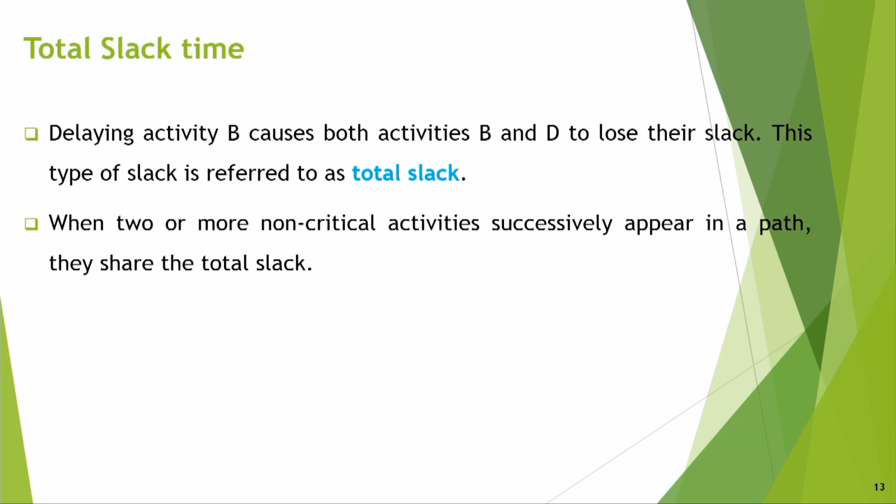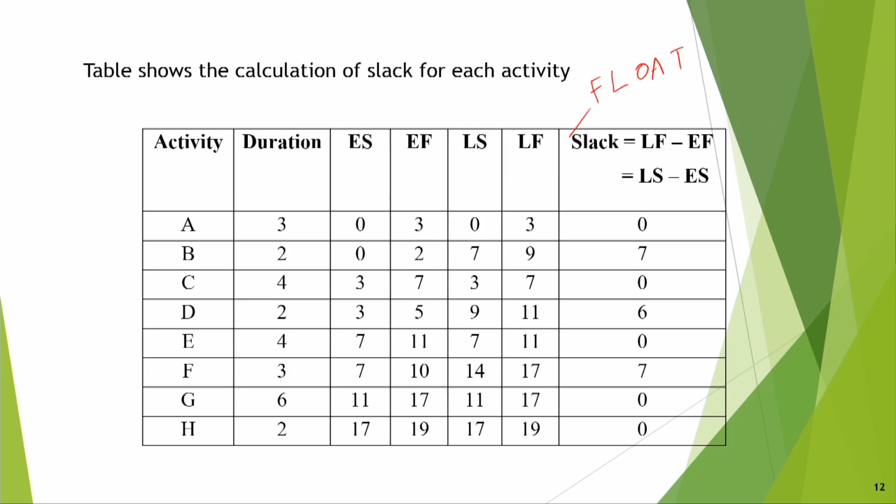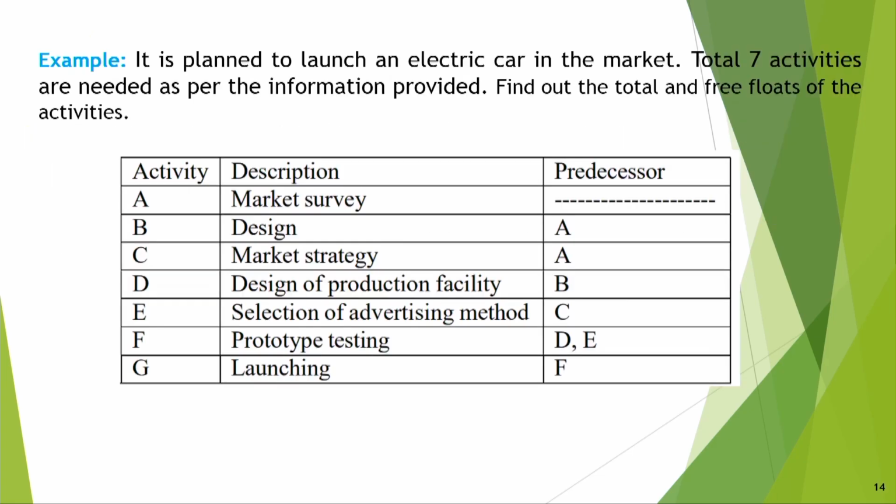Delaying activity B causes both activities B and D to lose their slack. This type of slack is referred to as total slack. When two or more non-critical activities successively appear in a path, they share the total slack. So total slack is basically this much, but there is something called free slack, free float.